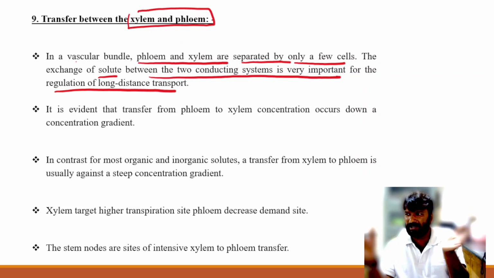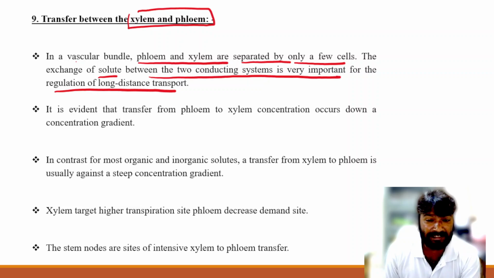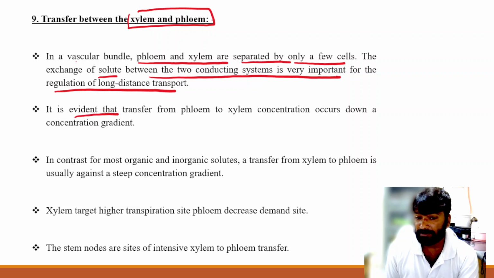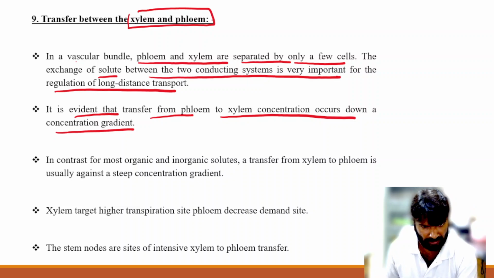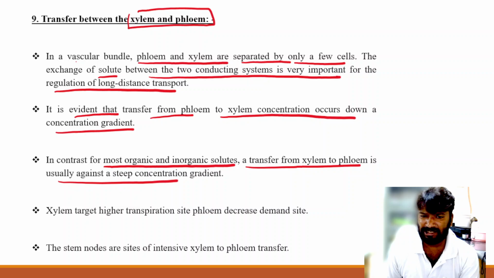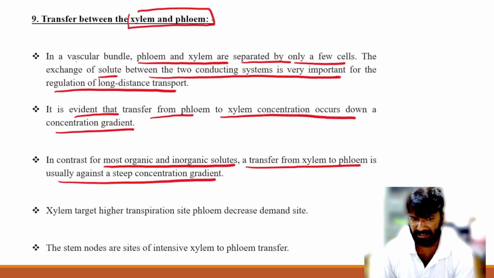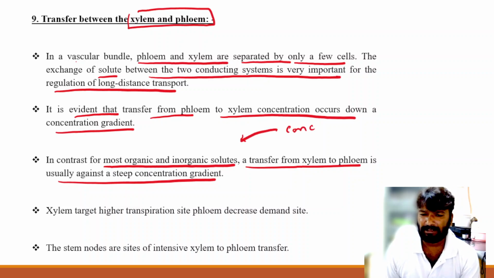So in that case nutrients can be transported by the phloem, okay, and it is evident that transfer from phloem to xylem occurs down a concentration gradient, from high to low concentration. In contrast, for most organic and inorganic solutes, transfer from xylem to phloem is usually against a steep concentration gradient. Okay, phloem to xylem will go along the concentration gradient, meaning passive flow.